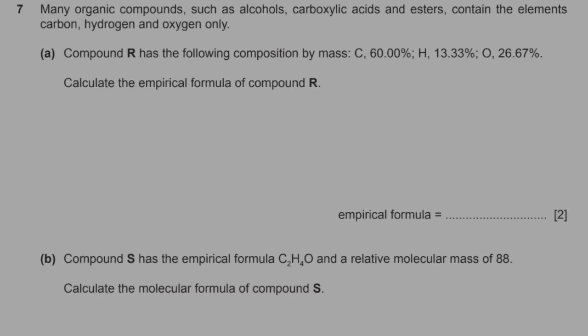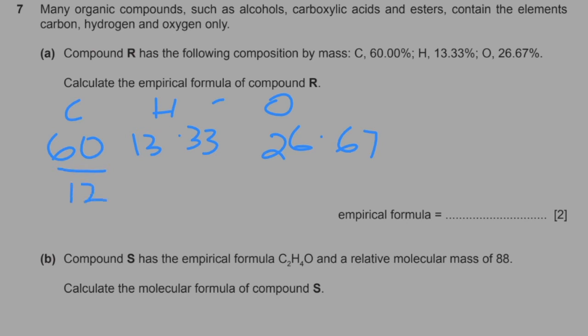So you start with writing the symbols of all of the elements. Then you write the percentage composition and calculate the moles using composition percentage. So divide this by the atomic mass, which is 12 in case of carbon and 1 in case of hydrogen, 16 in case of oxygen.